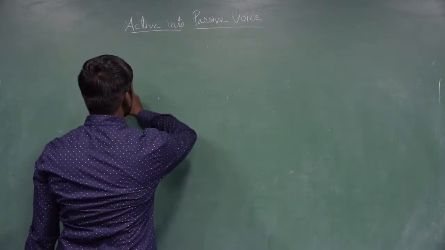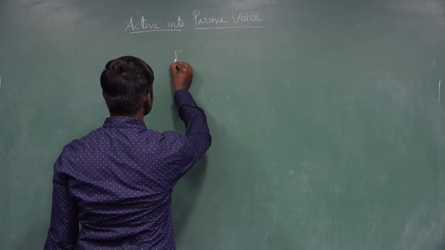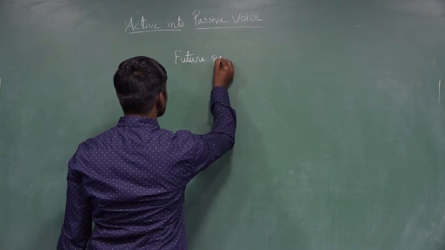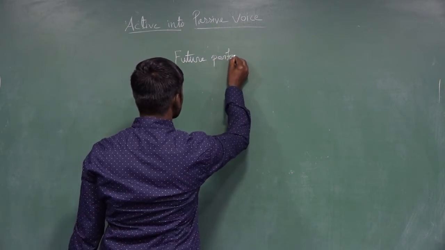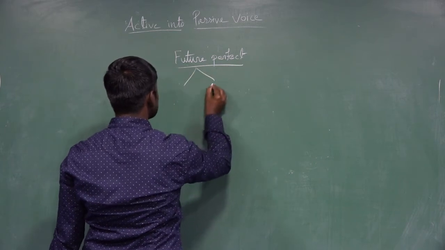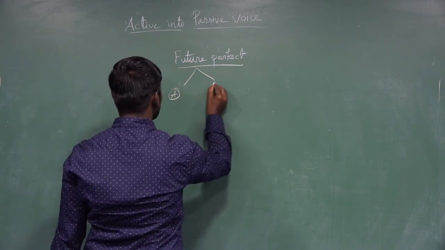And the next one, future perfect. What is the auxiliary required, in the active and the passive?